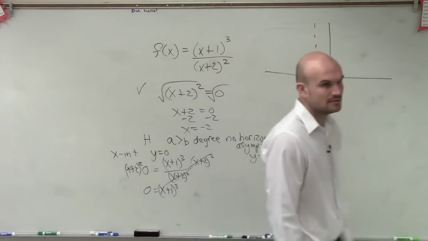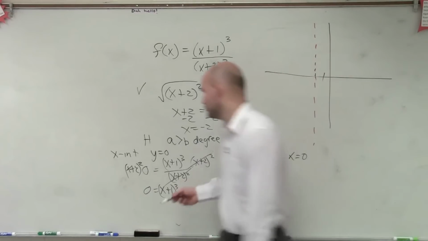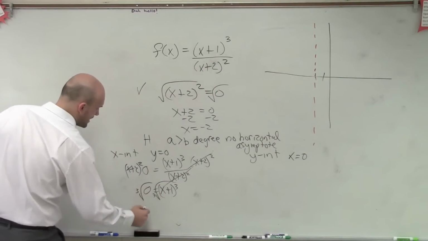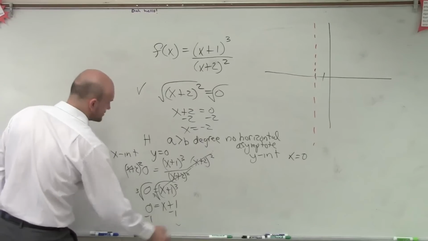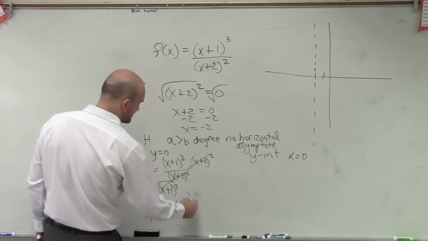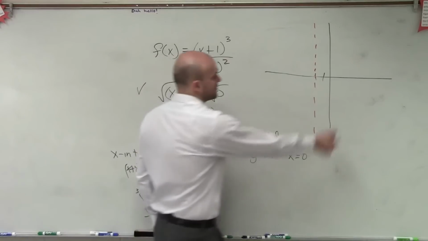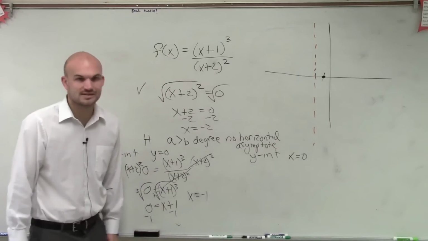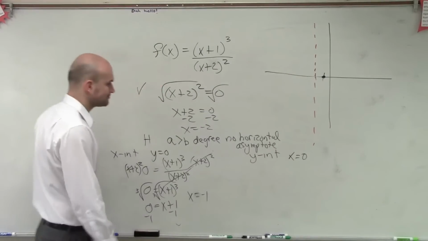Now, let's get rid of the cube, so I cube root both sides and I'm left with 0 equals x plus 1. Subtract 1, and my x-intercept is when x equals -1. So I go over at -1, and that's my x-intercept, because -1 comma 0 is the point.